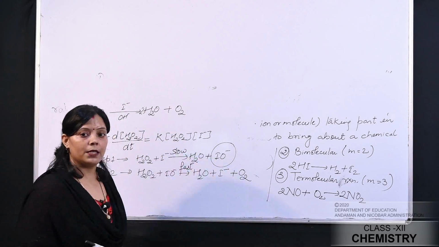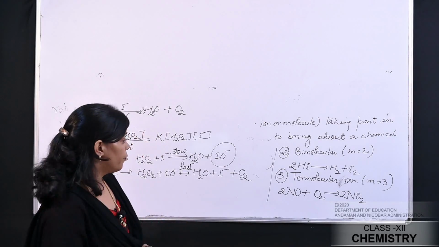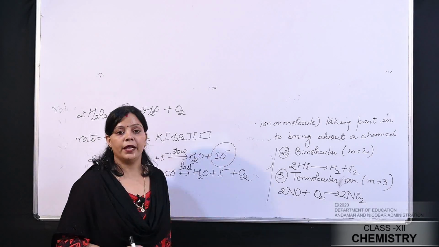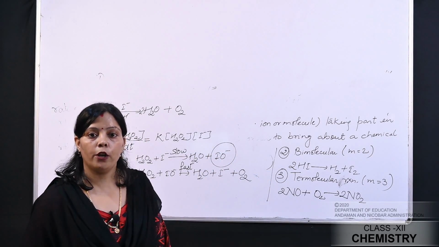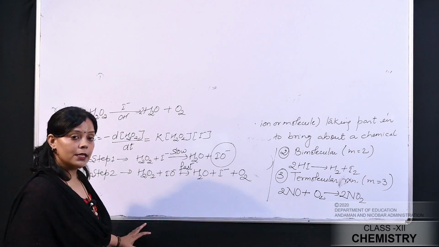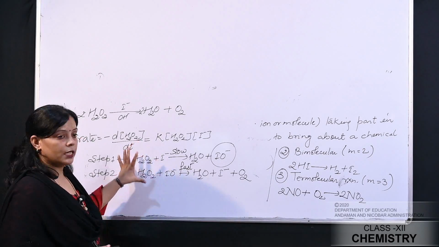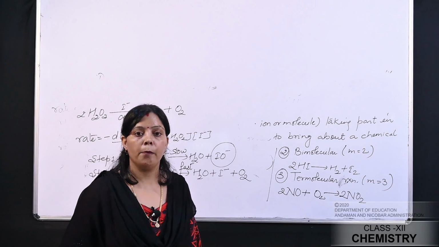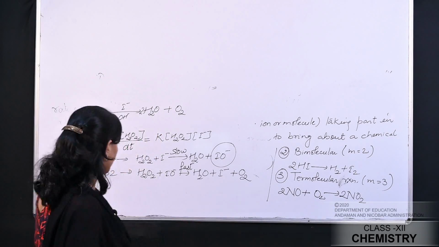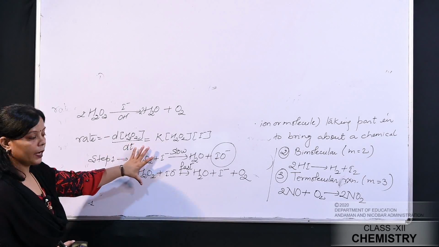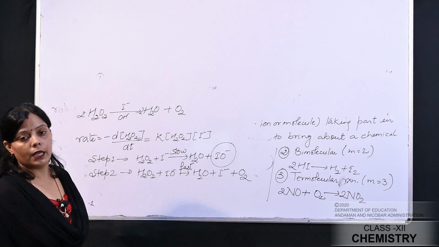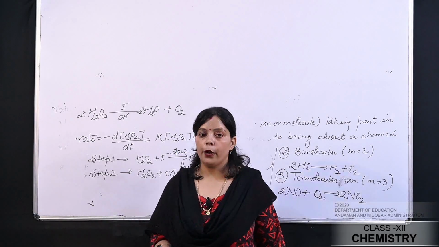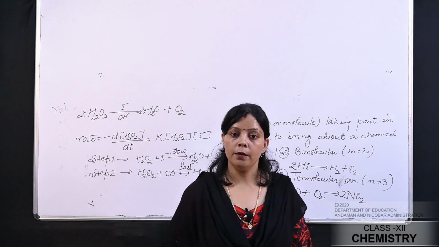The slow step is the rate determining step. Fourth, the rate of formation of the intermediate will determine the rate of the reaction. And last, the overall steps involved in a chemical reaction determine the mechanism of the reaction. So this is the mechanism of the decomposition of hydrogen peroxide, catalyzed by iodide anion in alkaline medium.